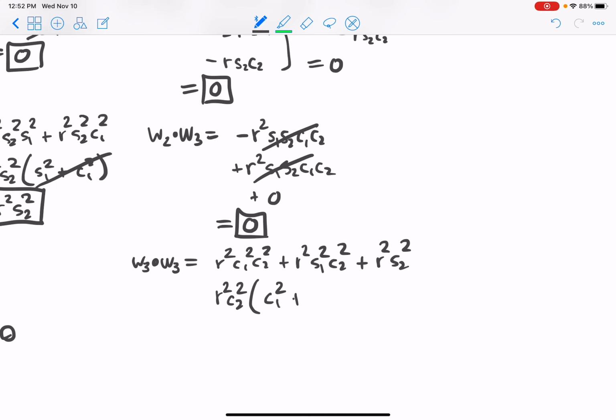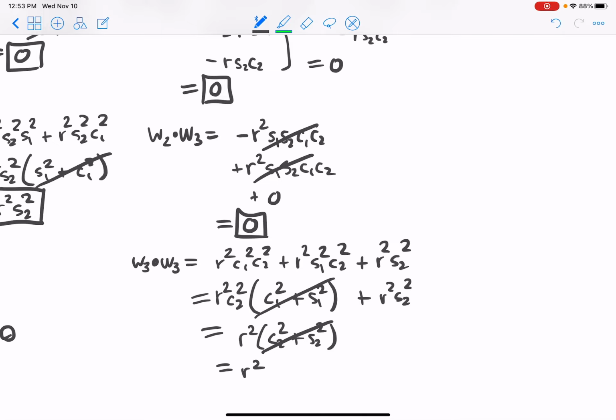And I get a C1 squared plus an S1 squared remaining. That becomes a 1. And now I factor out the R squared from these two terms. R squared times C2 squared plus S2 squared. This becomes a 1, and this is an R squared.